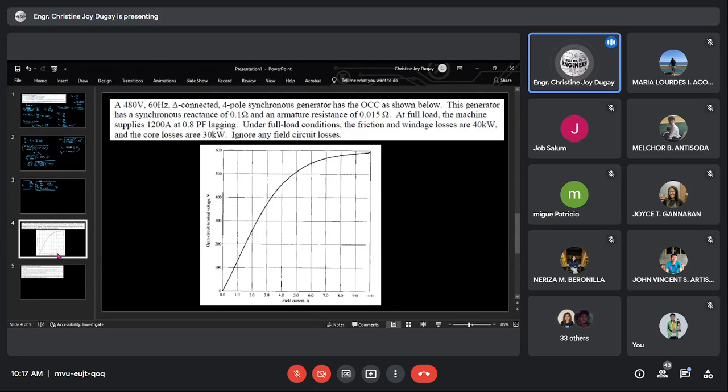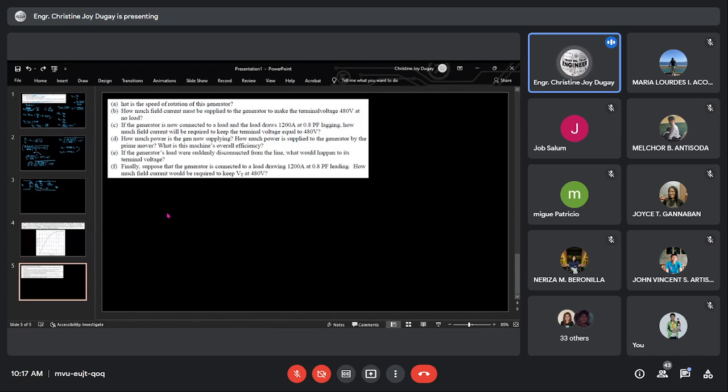So F is equal to NP over 120, or N is equal to 60 times 120 divided by 4.